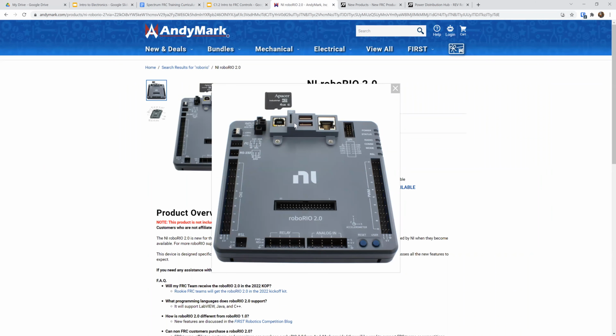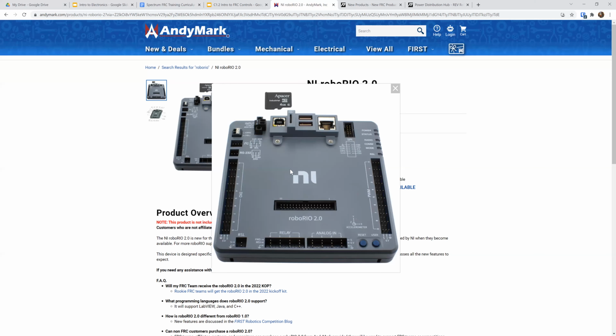Some of the key differences are that we're going to have to provide an SD card for the memory. So you can see there's this micro SD card that gets put in the slot here. So that is one key difference. I'm not particularly thrilled about that, honestly. I would rather have the memory be internal, but that was a decision made by NI for valid reasons.